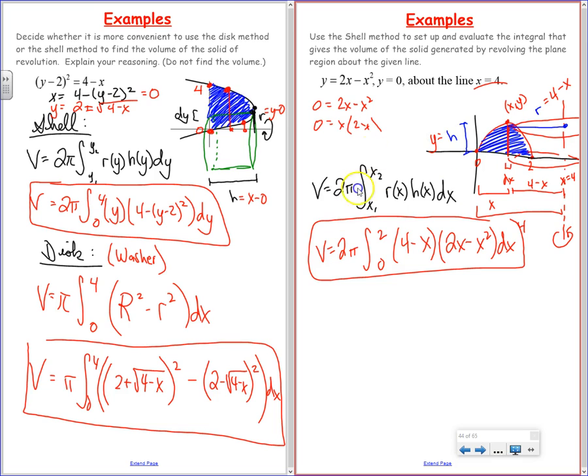But guys, is the formula still at the core the same? Yeah. Shell method. I need volume equals the integral from a to b of 2 pi R of x, H of x dx, or R of y, H of y dy. And we always have to remember our representative slice is always going to be parallel to the axis of revolution.